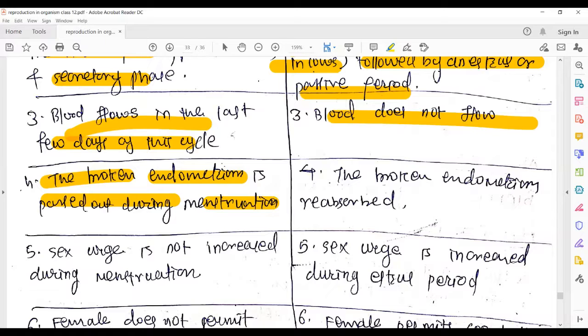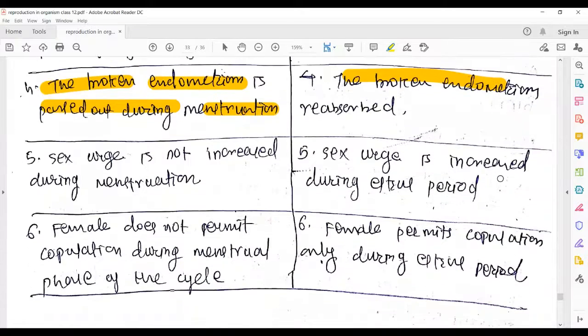During menstruation, there is a complete breakdown of the endometrium layer and its thickness is reduced. All the dead cells and debris come out in the bleeding phase. But in the estrus cycle, the endometrium is reabsorbed into the body and does not come out, because there is no bleeding period.